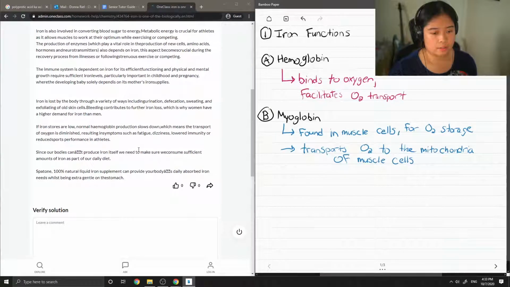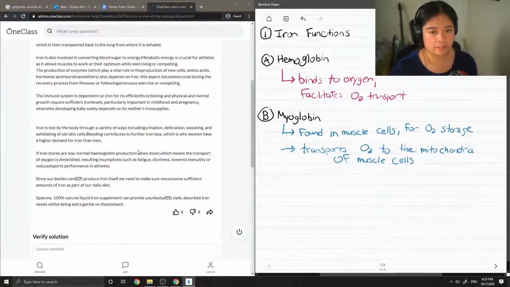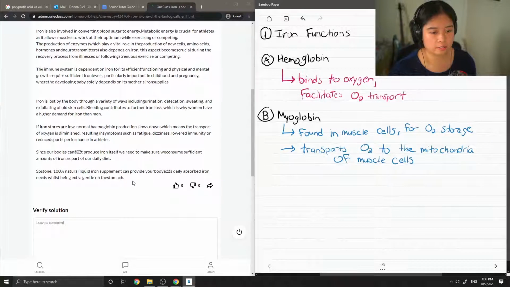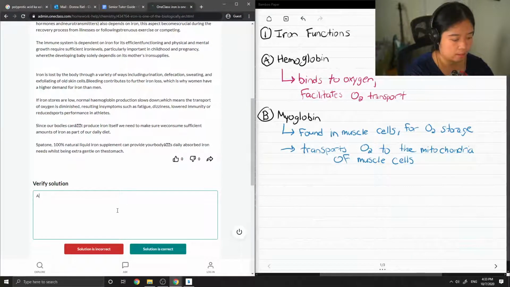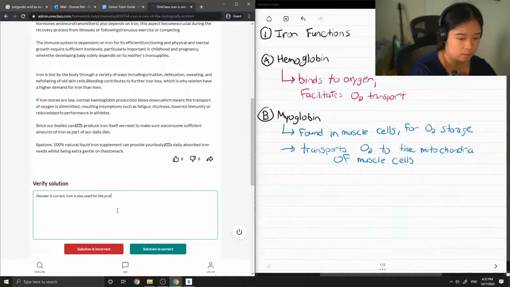Yep, so this is a good and very descriptive answer. Answer is correct. I'm just gonna also say that iron is also used for the protein hemoglobin.